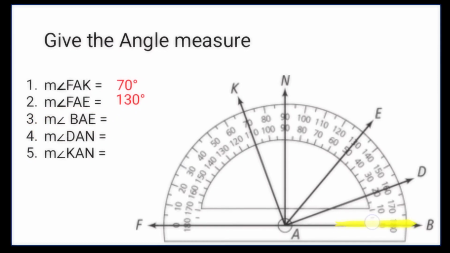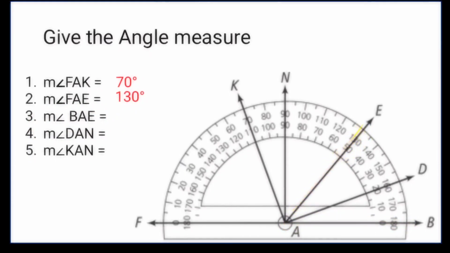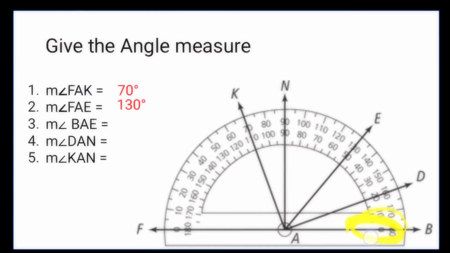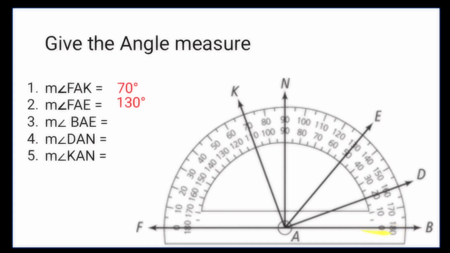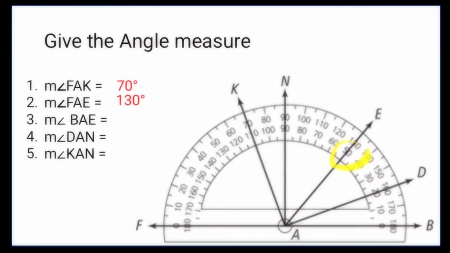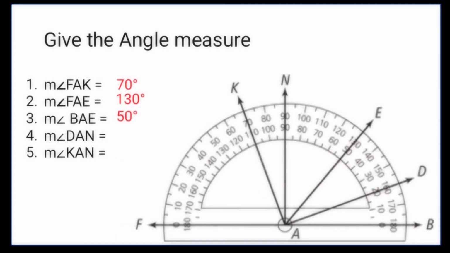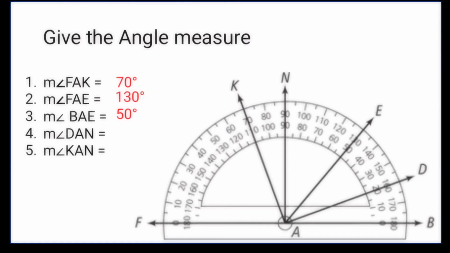So BAE. Here, the 0 degree marking is at the inner scale. Therefore, here, we will look at the inner scale, which is 50 degrees. Okay, number 3, measure of angle BAE is 50 degrees.